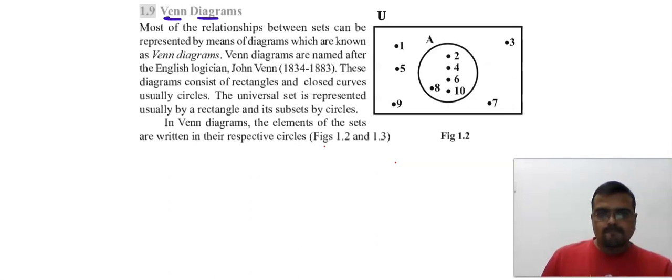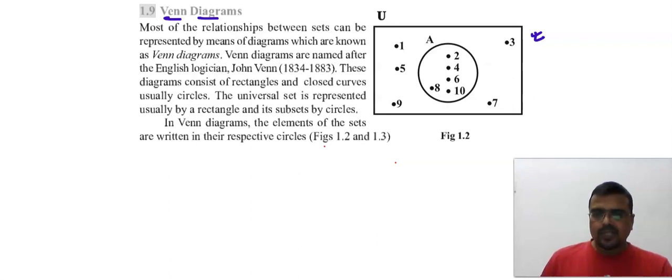As you can see in the diagram, figure 1.2, in a square the elements mentioned are 1, 3, 2, 4, 6, 8, 7, all these numbers.